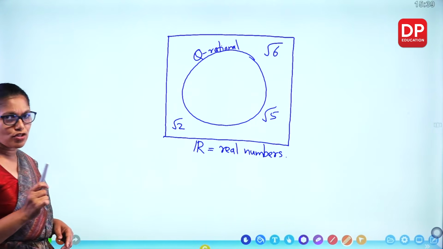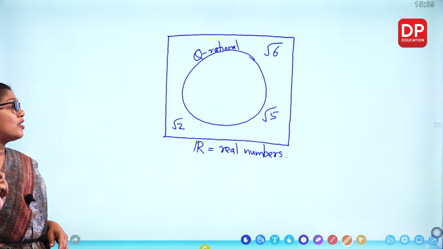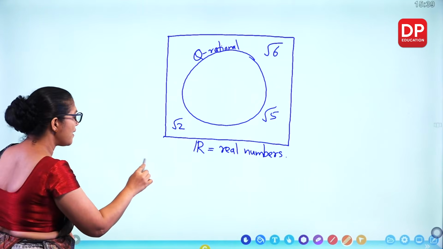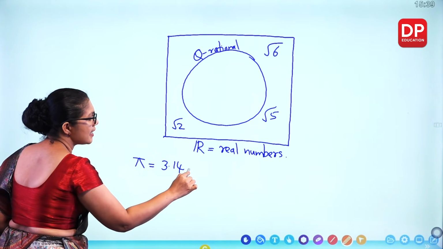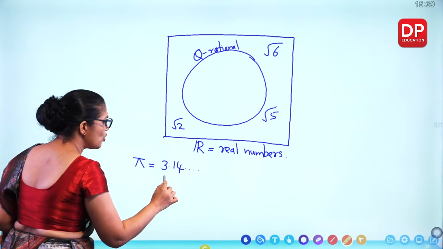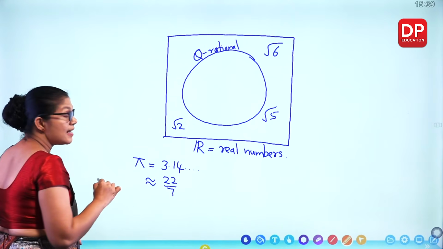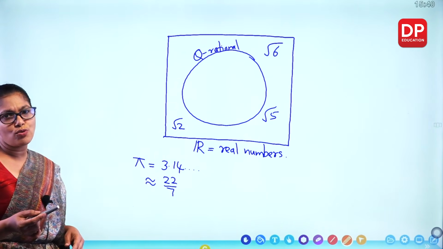Those are irrational numbers. And also there's another special number we used before, the pi value. We know pi value is 3.14 and it's not ending. Even though we write 22/7, that's an approximate value, not exactly 22/7.